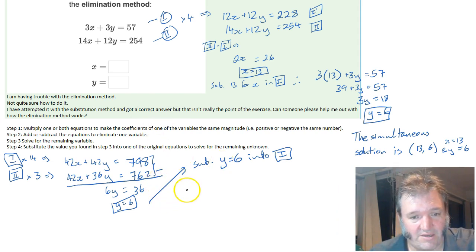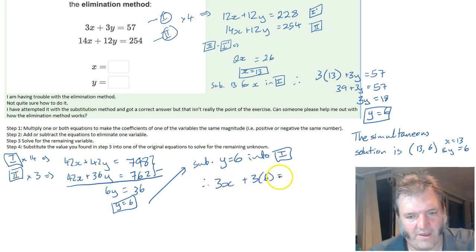Anyway, subbing 6 into equation 1, I have 3x plus 3 times 6 equals 57. 3x plus 18 equals 57. Subtracting 18 from each side, 3x equals 39. Dividing by 3, x equals 13.